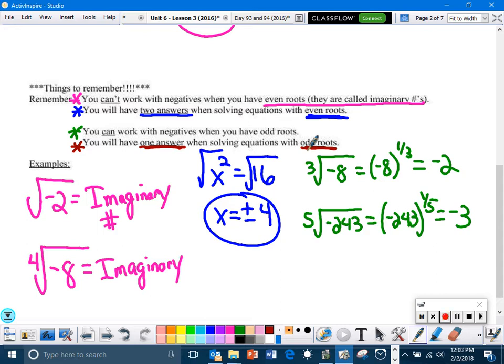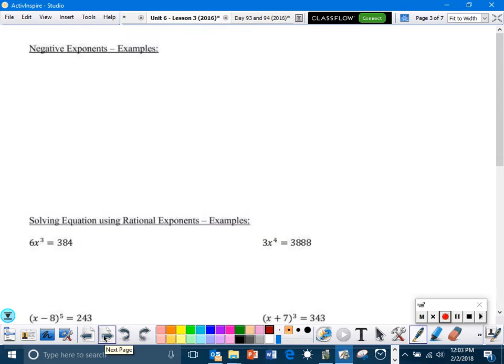Before we continue though, there's one more thing I need to talk about. Some of you ran across this, well all of you ran across this when you did your worksheet. You ran into some negative exponents. And some of you were questioning that, can I have a negative exponent?